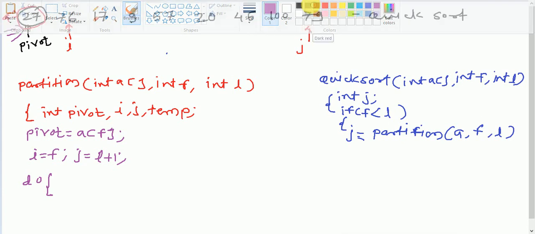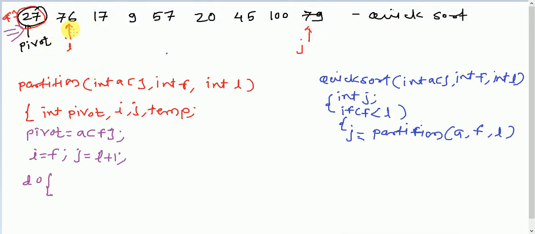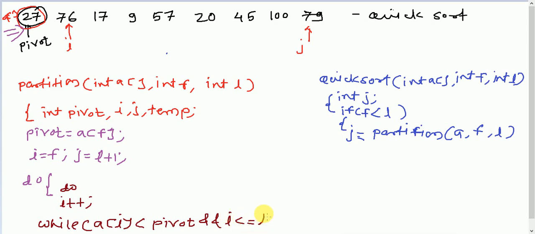Now the first thing that we are doing here is what? We are incrementing I if my A of pivot, or you can say pivot element, is greater than I. So here we'll do I plus plus, while my A of I is smaller than pivot and my I is less than or equal to last.